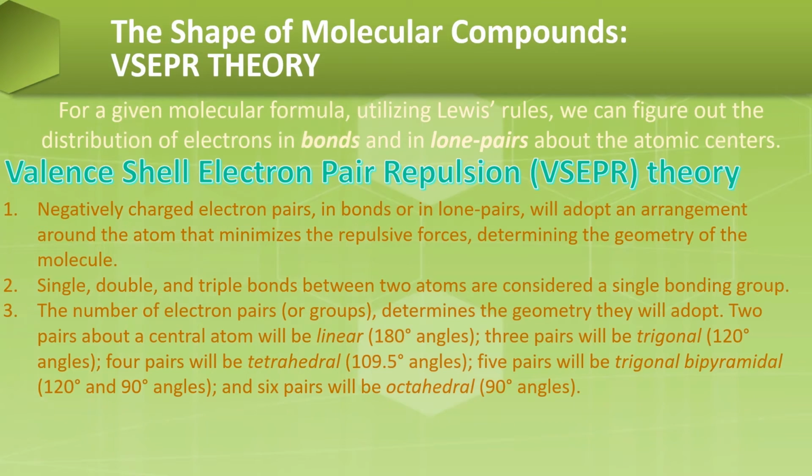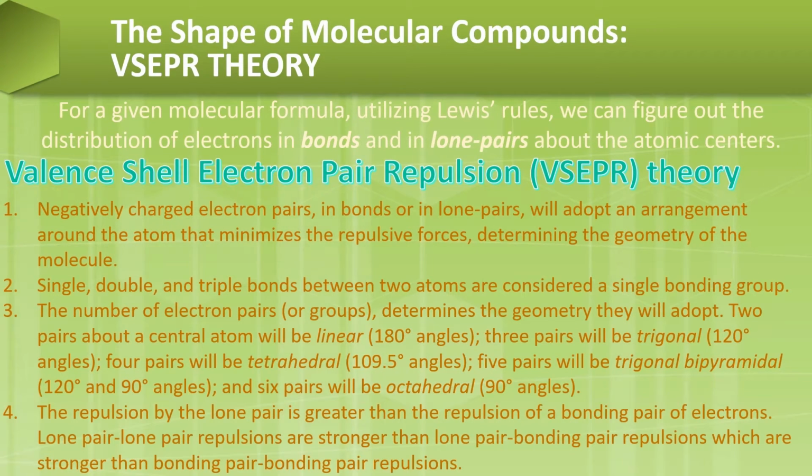VSEPR theory will allow us to adjust and modify the angles described in the preceding point just a bit. We will assume the repulsion by a lone pair is greater than the repulsion of a bonding pair of electrons. So, the VSEPR theory predicts that lone pair-lone pair repulsions are stronger than lone pair-bonding pair repulsions, which are stronger than bonding pair-bonding pair repulsions.